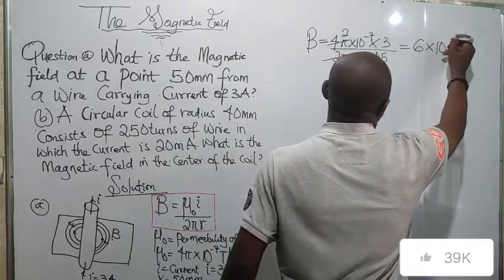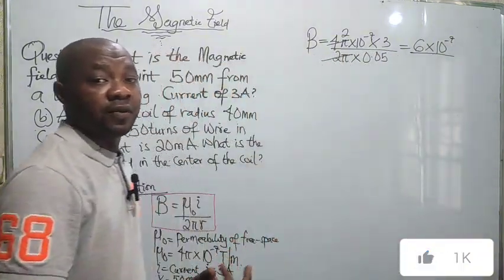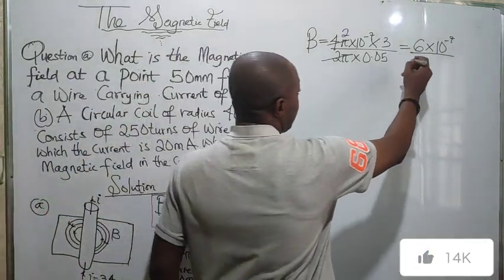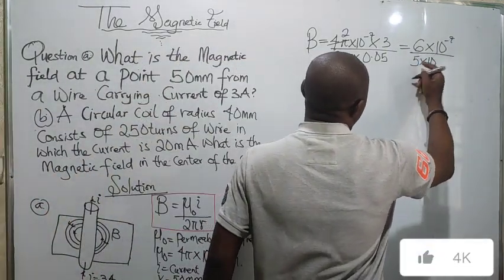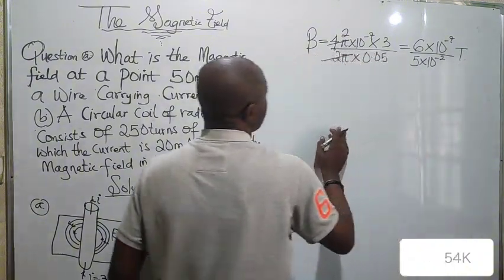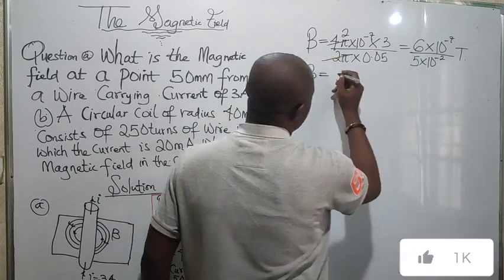Then we multiply by 10 raised to the power of 7. We can write 0.05 in standard scientific notation as 5 times 10 raised to the power of negative 2. The unit of B is Tesla. So we have B equals 6 divided by 5.